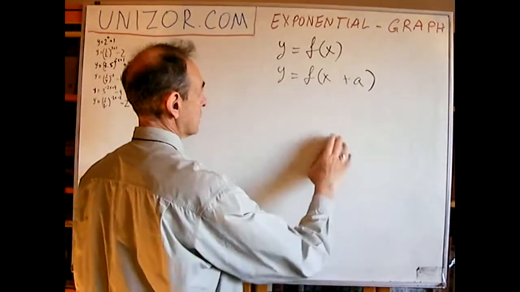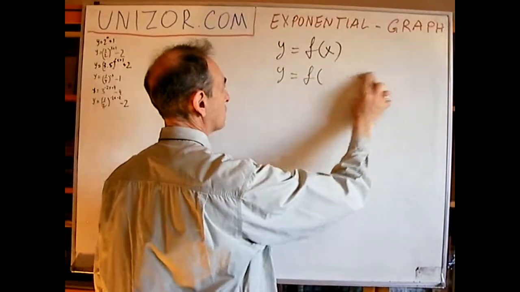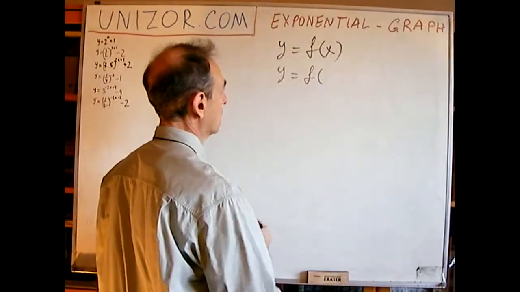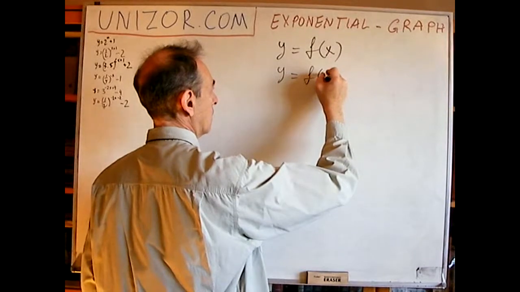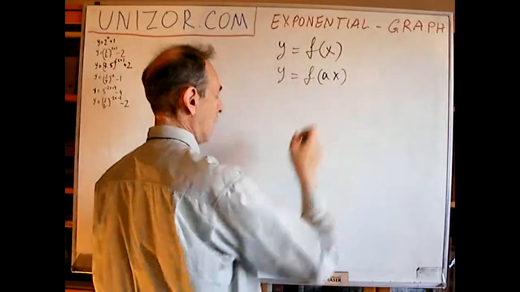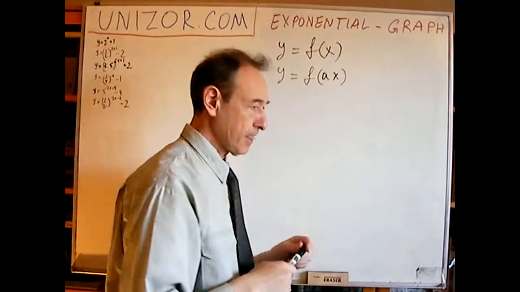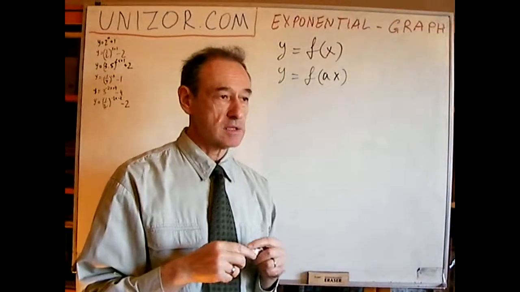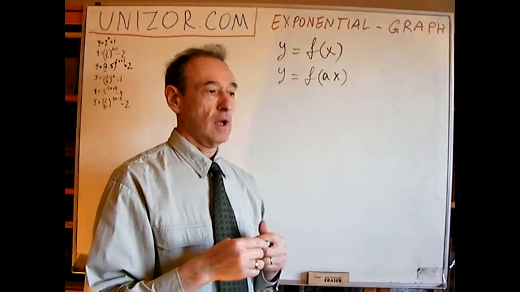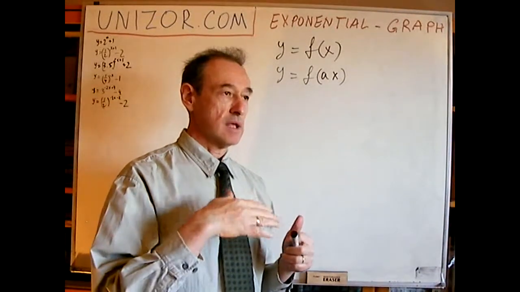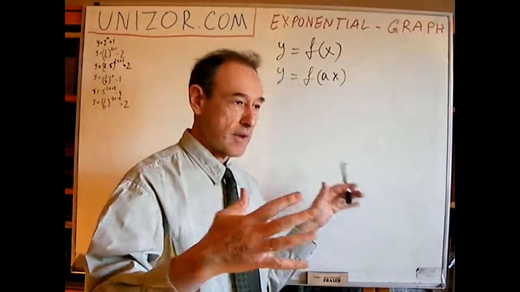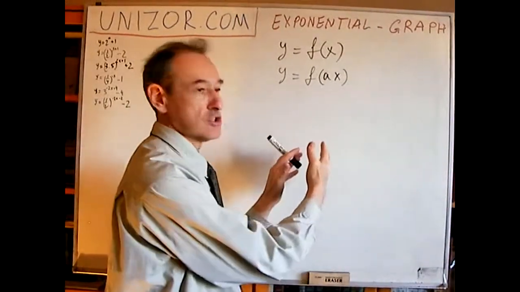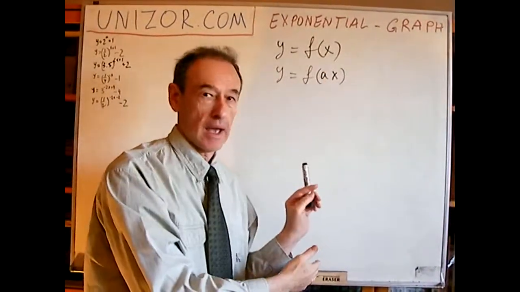Now, next transformation. What happens with the graph if I multiply an argument by a? Again, it's very easy to prove that if a is a positive number, let's say a is greater than 1, then the graph is basically squeezed towards the vertical y-axis.